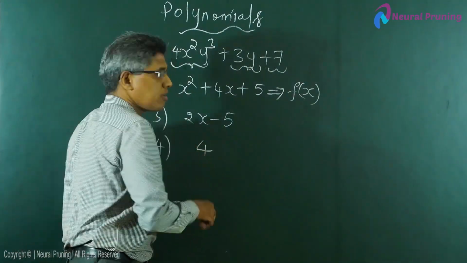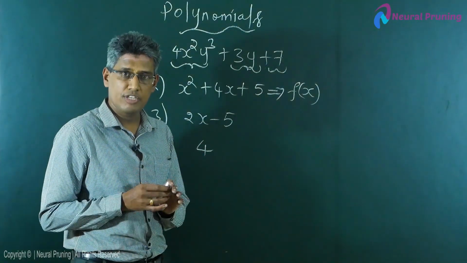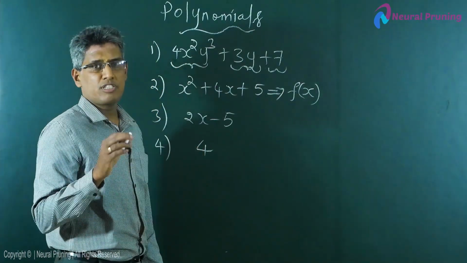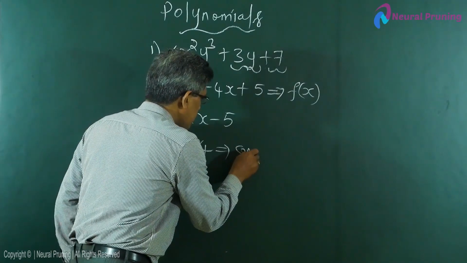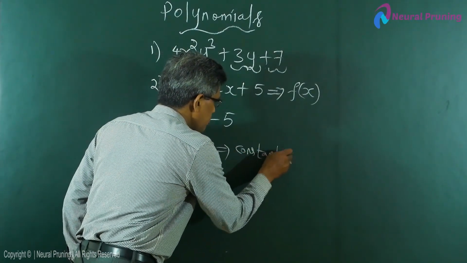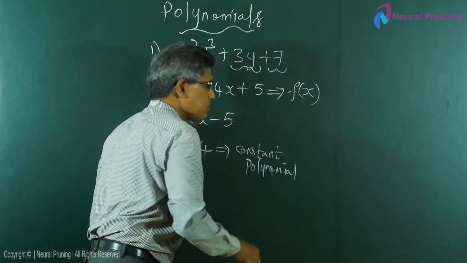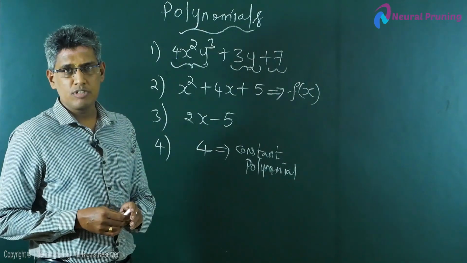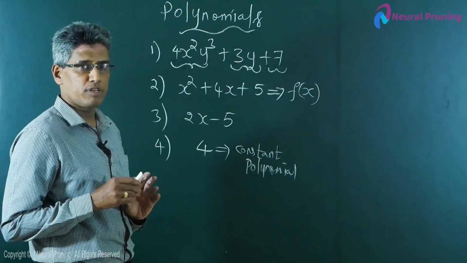So this particular number is a constant, and this also clearly represents a polynomial, and we actually call it a constant polynomial. So all 4 of these examples that we have listed on the board happen to be examples of polynomials.